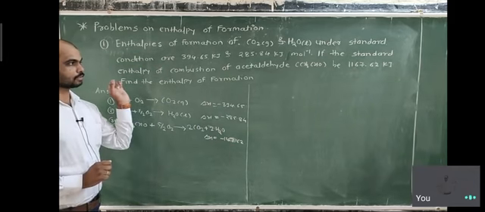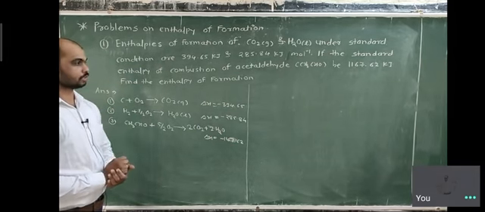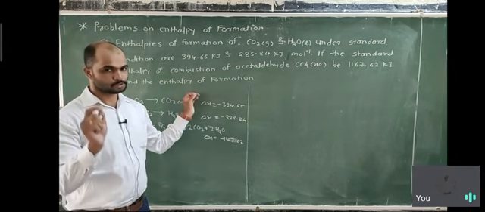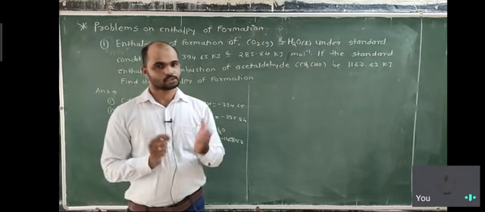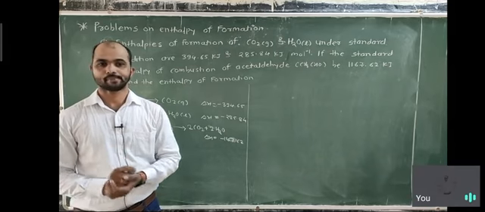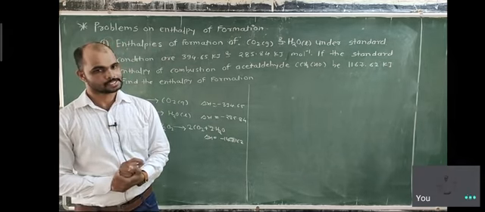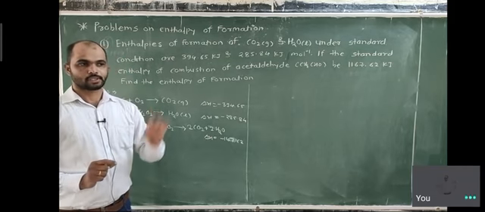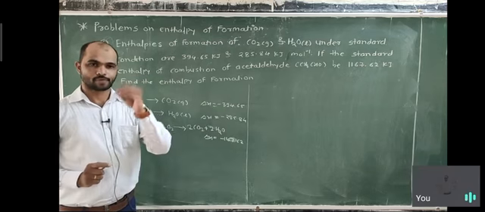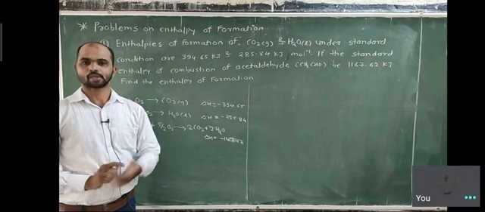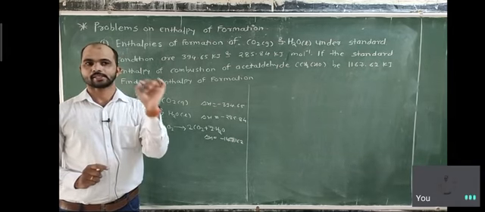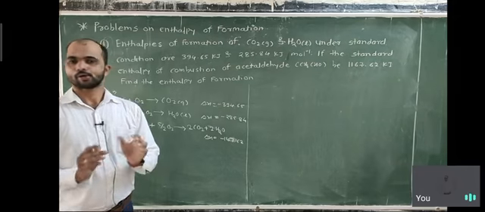At standard conditions, the pressure is 1 atmosphere and the temperature is 298.15 Kelvin, because 298 means room temperature, 25 degrees Celsius. If 1 mole of substance is produced at standard conditions, the amount of heat evolved in that reaction is the heat of formation at standard conditions. We call it the standard heat of formation.